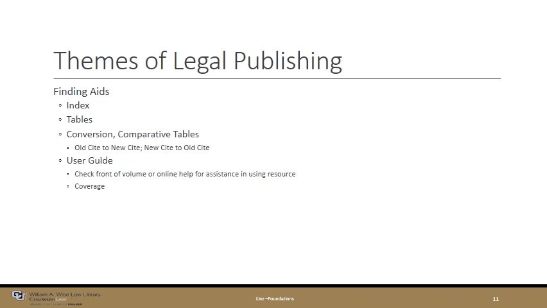Another theme of legal publishing is using finding aids. A finding aid is anything that helps us find primary or secondary authority. It in and of itself is not authority of any kind. It's just a pointer, a redirect. Probably the finding aid that we're most familiar with is an index.